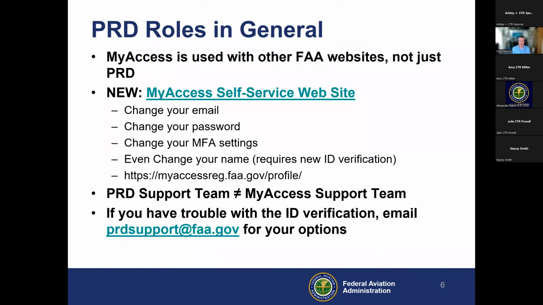If you get stuck, go ahead and email us and we'll try and help you out, even though, like I said before, we're not the same support team, but we might have some tricks that could be helpful to you. So those are just some top tips for My Access.